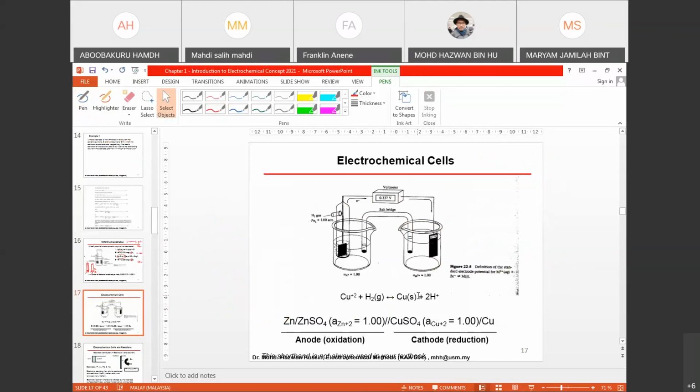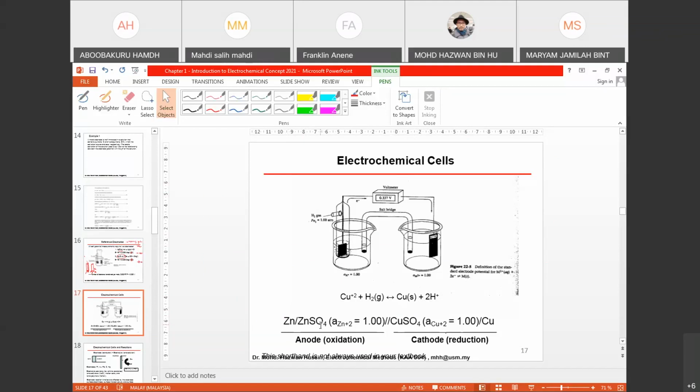Right. So for the electrochemical cell, this is almost the same as the examples I've shown before. You have a cell notation like this, and you know from this representation which one will be the anode and which one will be the cathode. Over here, zinc is far more negative compared to copper.